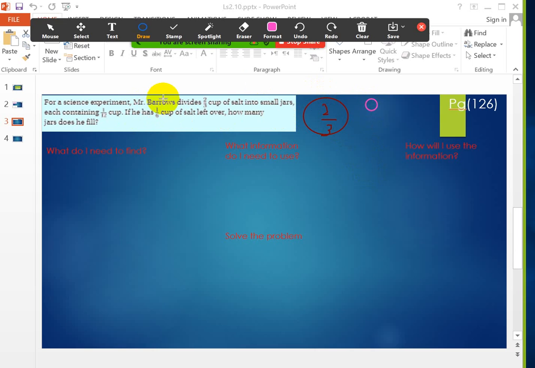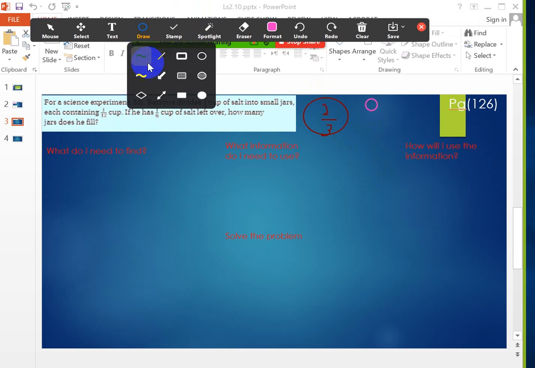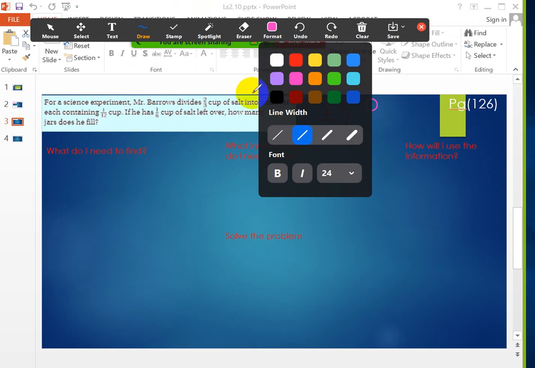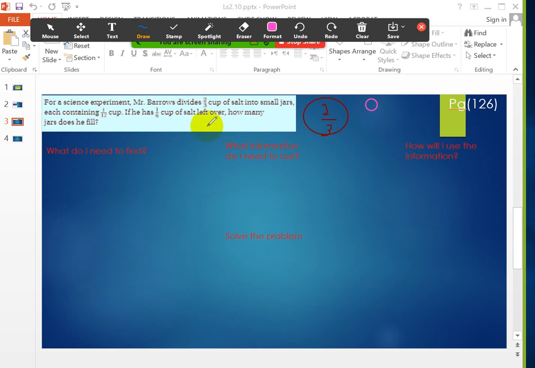But he doesn't use the whole salt. Actually, there is an amount left over. I want you to focus on this sentence. There is an amount left over, 1/6. So how many jars does he fill? I want to know the number of jars.